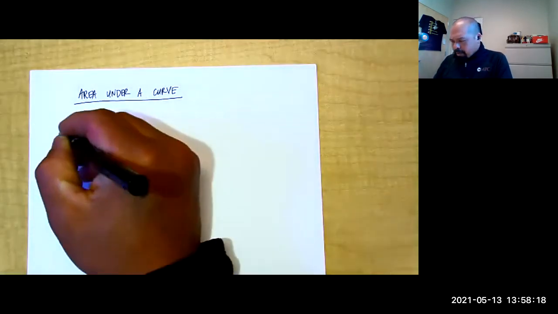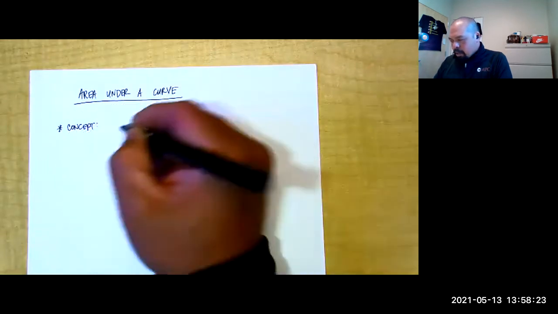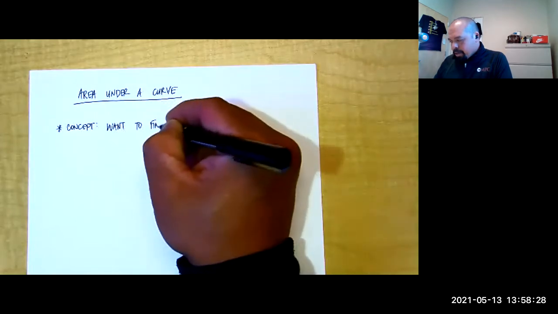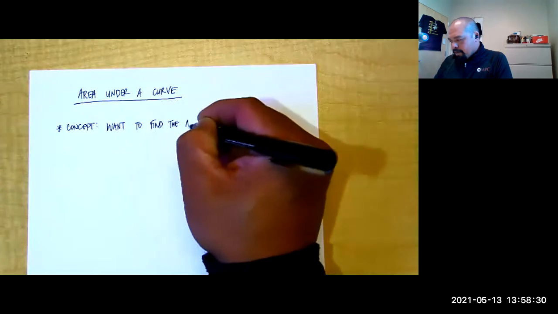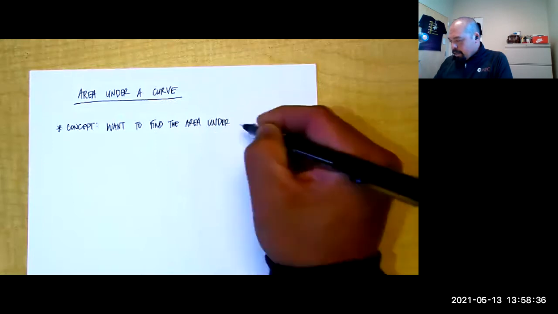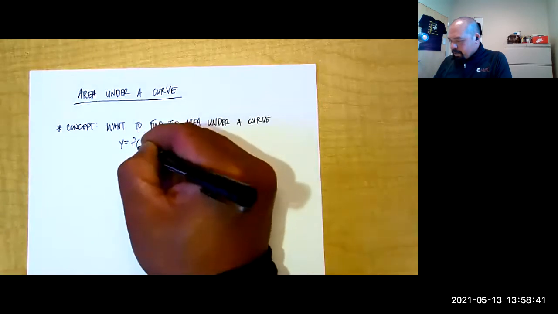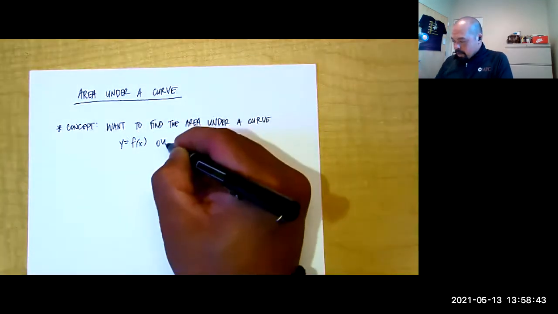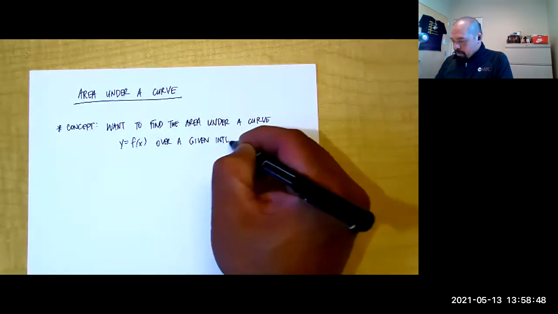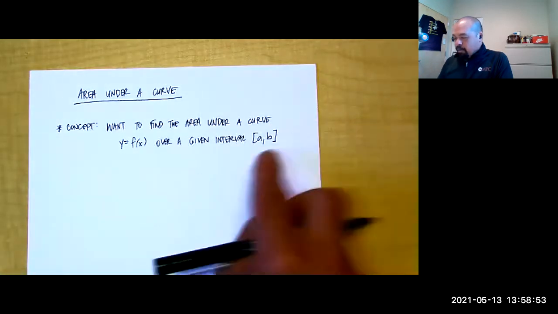Our concept, or idea, is that we want to find the area under a curve, a function y equals f of x, over a given interval. This is the closed interval from a to b.